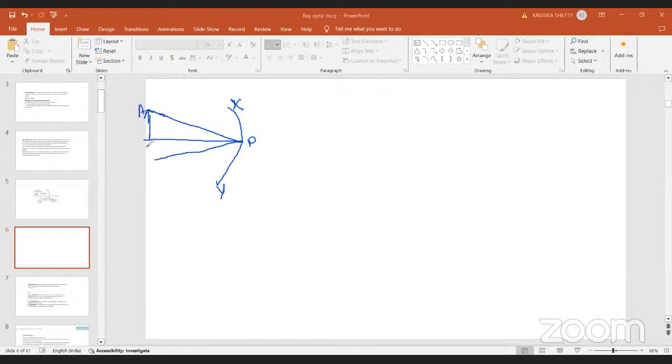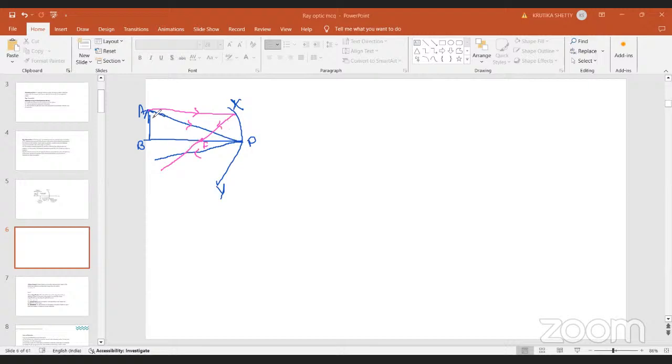AB is the object. The next ray I am taking parallel to the principal axis, incident ray, reflected ray. So this is the incident ray. This is the focus. This is the reflected ray.